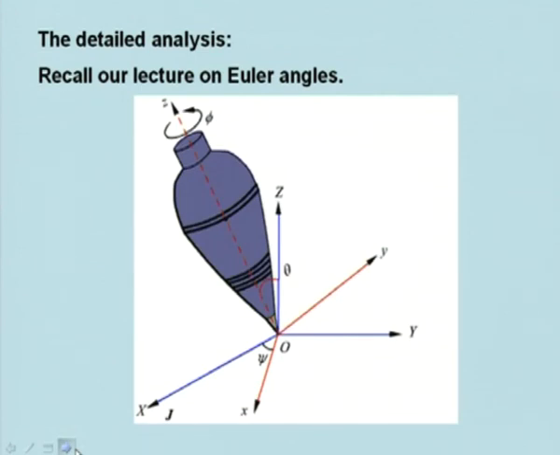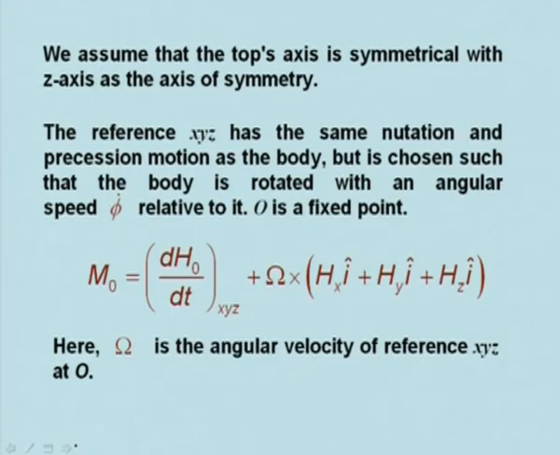Now we can do a somewhat detailed analysis also, if we remember our Euler's equation, and we have given that lecture on Euler angles. We assume that the top is symmetric with the z axis as the axis of symmetry.